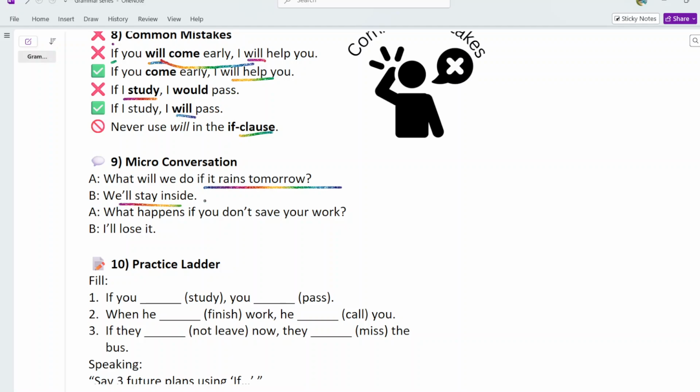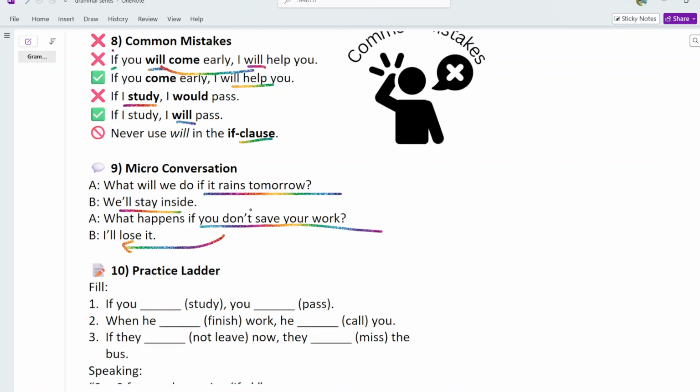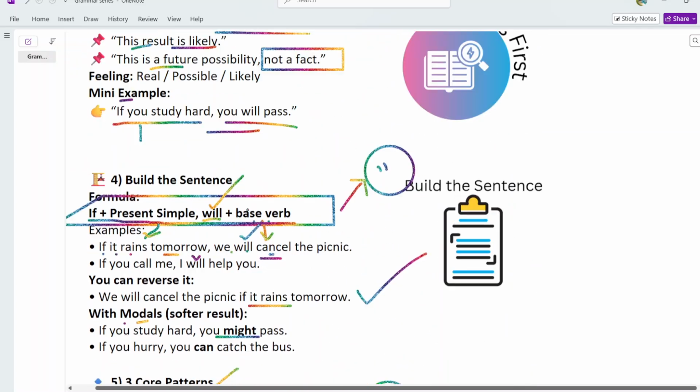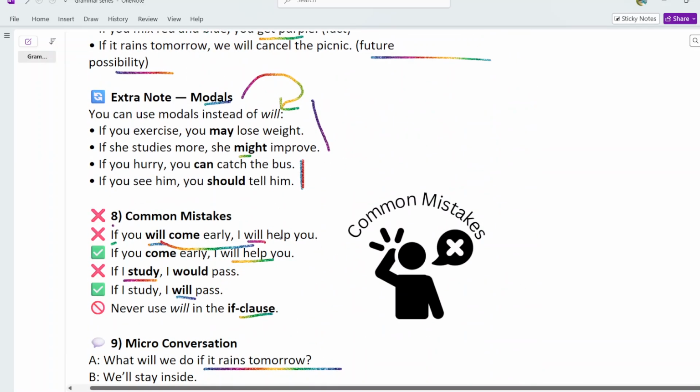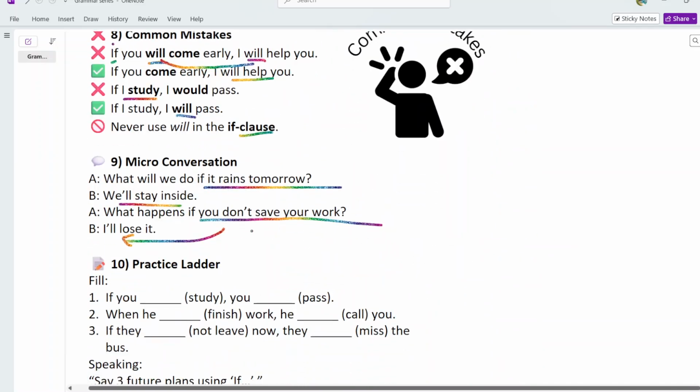If you don't save your work, you will lose it. Okay, that is the builder form. See: if, present simple, and will, and your base verb. All right, so that's what is given in the form of micro conversation.